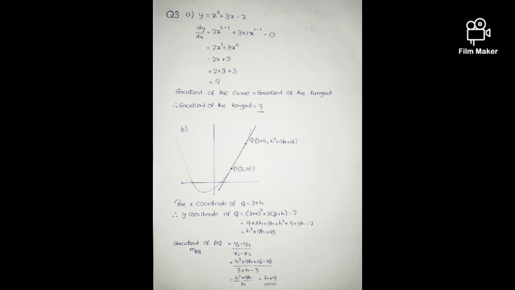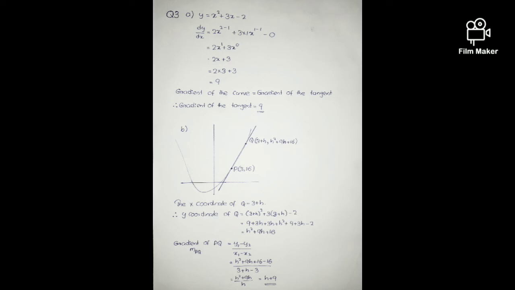When you come to question 3b, they request us to find the gradient of the curve using two different points. That is called the tangent method. We can find another point Q which is close to P. They have given us the x coordinate of Q as 3 plus h. To find the gradient of line PQ, we can use the formula y1 minus y2 divided by x1 minus x2.